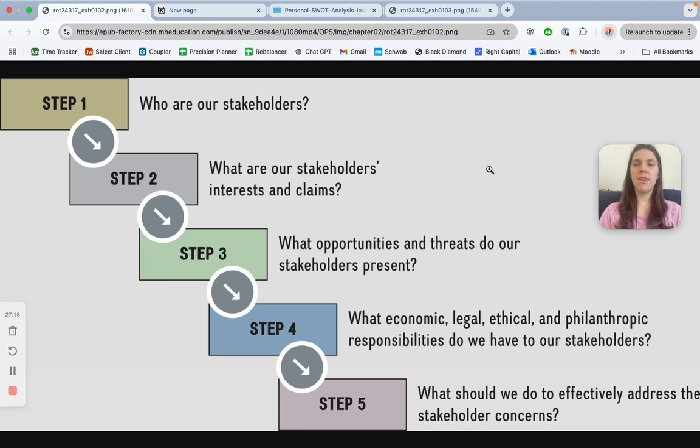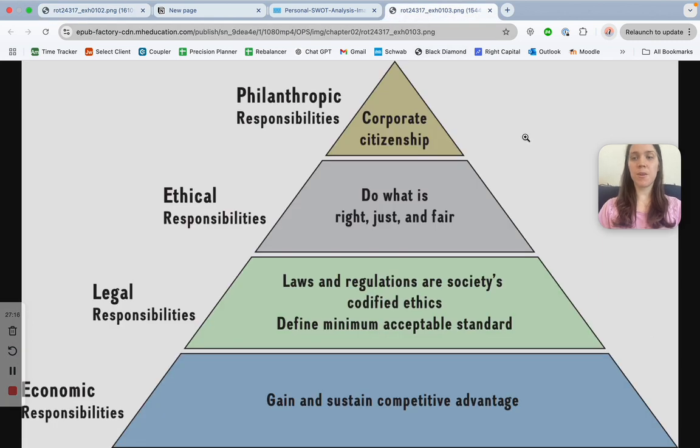our stakeholders. And so this is actually the order in which businesses meet responsibilities. First, even over legal, I guess, is economic. It's very important to have a viable business that has a sustained competitive advantage. Next, you have to meet all the laws and requirements of society's code of ethics.